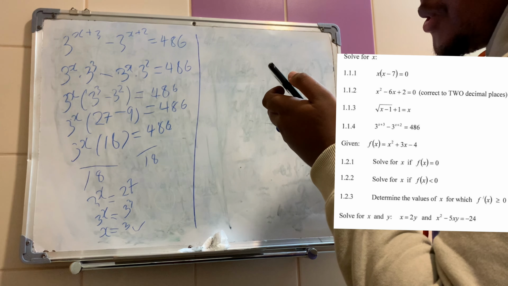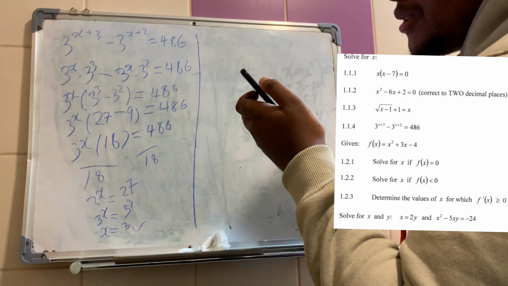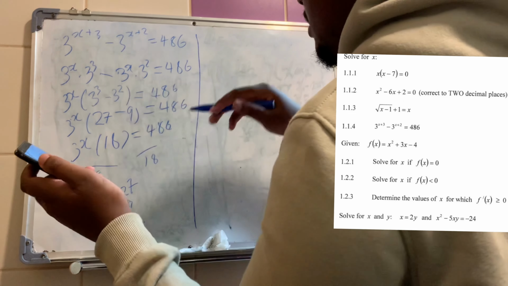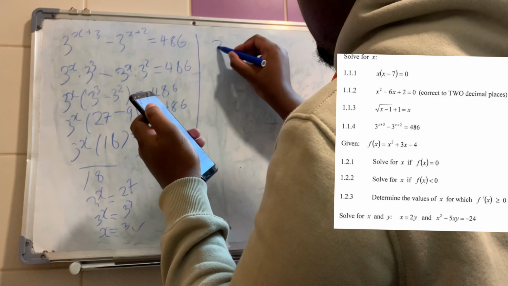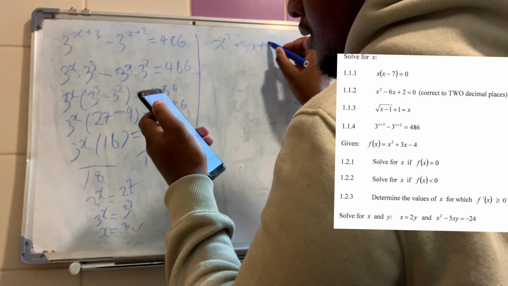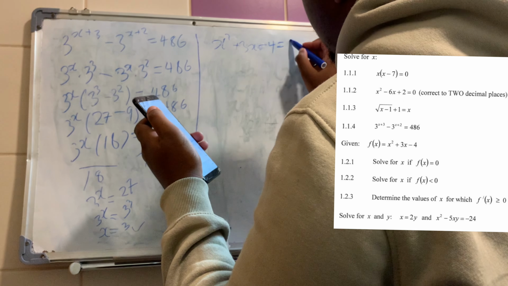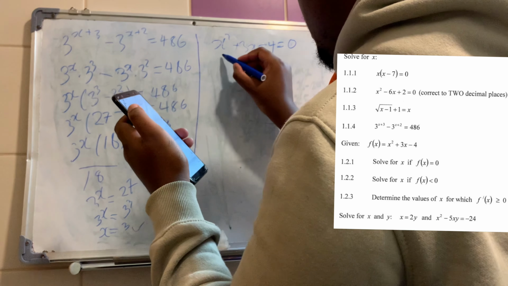Then it says solve for x if f of x is equal to 0. If f of x is equal to 0, then x squared plus 3x minus 4 is also going to be equal to 0. Then you solve for x.